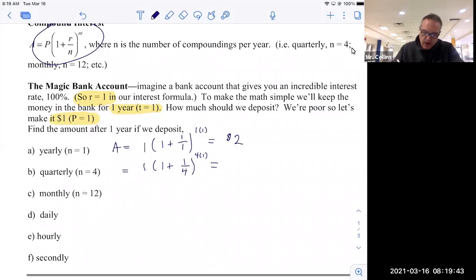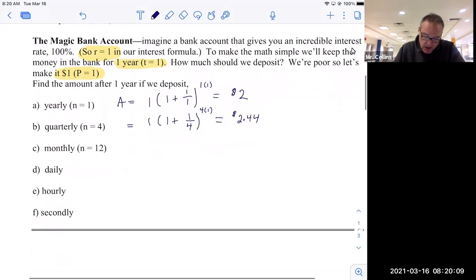That 1 quarter lowers my money, but the 4th power raises the money. And what happens? So I put all that in my calculator. Again, feel free to pause and do this on your own with your own calculator, but I'm going to go quickly here because I know you have that pause button. It shakes out to $2.44. So you made 44 cents more by compounding 4 times a year.